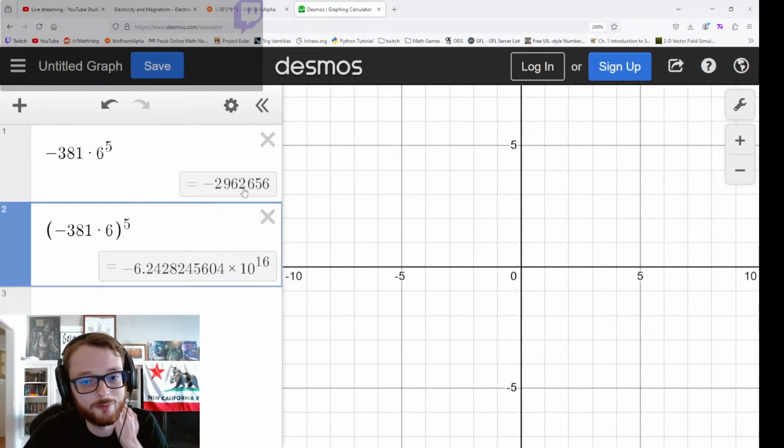If there are no parentheses, then it's negative 2,962,656. And if they're both in parentheses, it's the power of 5, so if they're in parentheses, then it's this. The first one? Okay, yeah, then there's your answer.